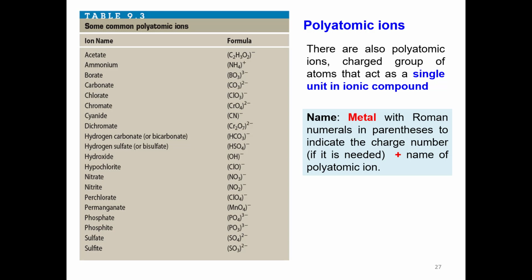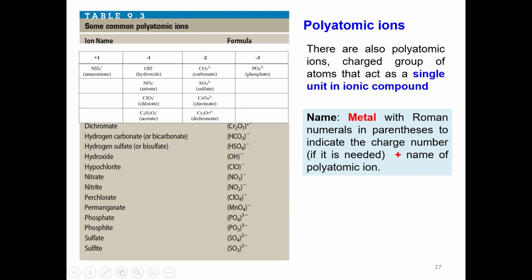If not, we just write the name of the metal. And then we write the name of the polyatomic ion, which is in this list.